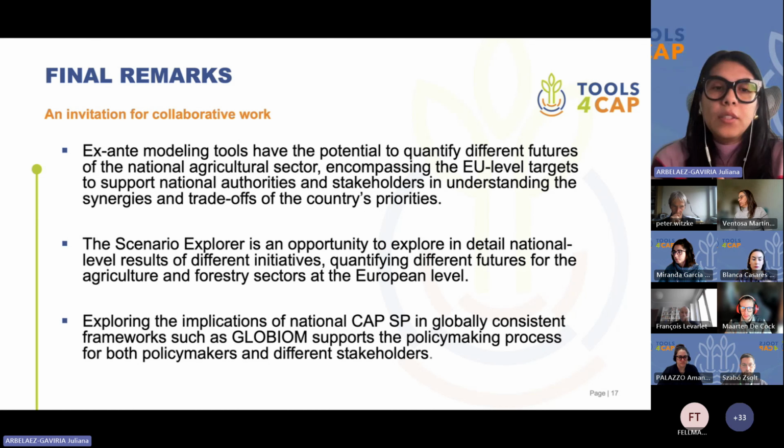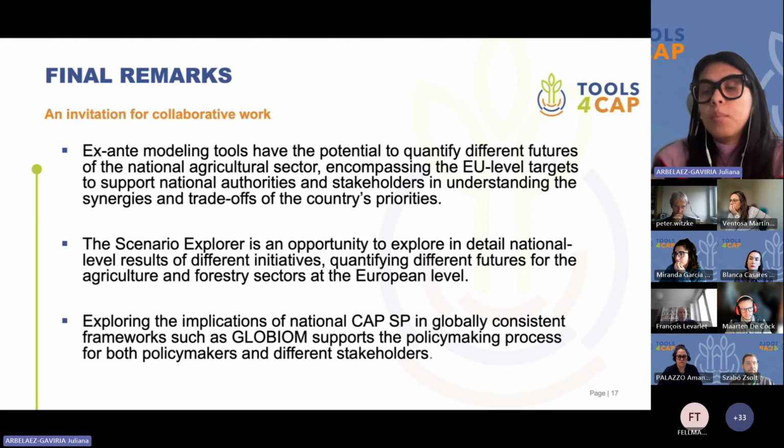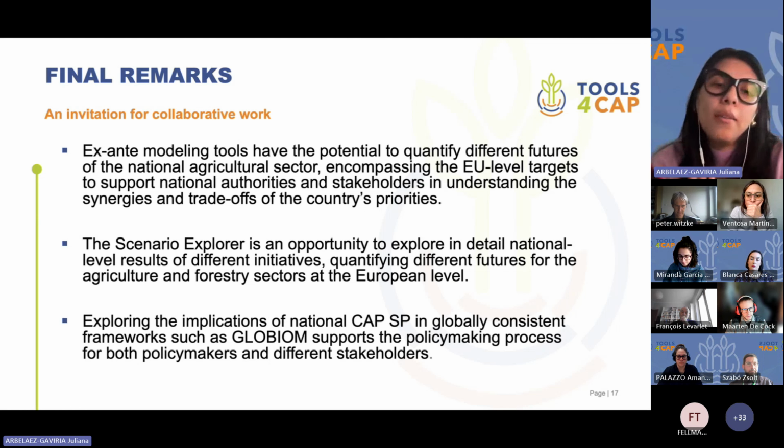So yes, I think that that's one of the key takeaways from this presentation, that the Scenario Explorer is therefore an opportunity to do that and to try to support the national level analysis in a way that is more collaborative, and it can involve different stakeholders, including academia from the national member states, but also policymakers at both national and European level.